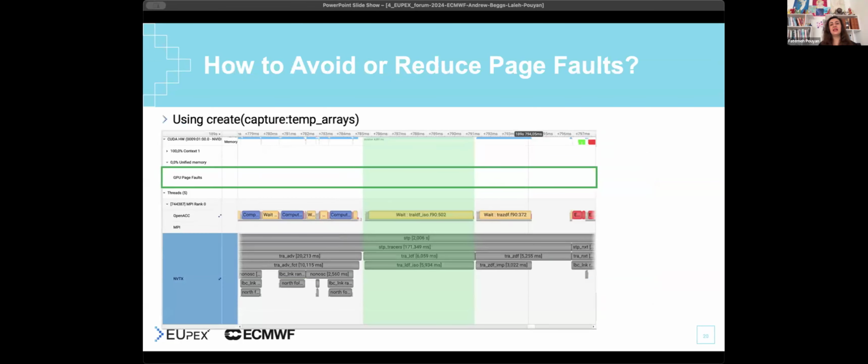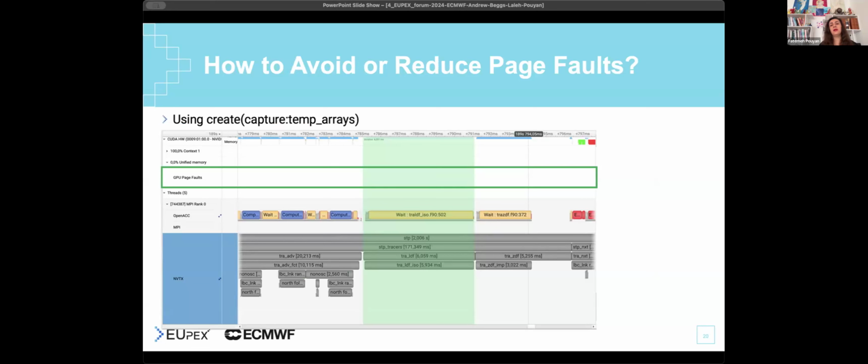We use the create capture class that is new by NVIDIA, and it allows us to pre-allocate memory on the device, so there is no need for a copy from host to device, and something like prefetching happens for the temporary arrays inside the code.